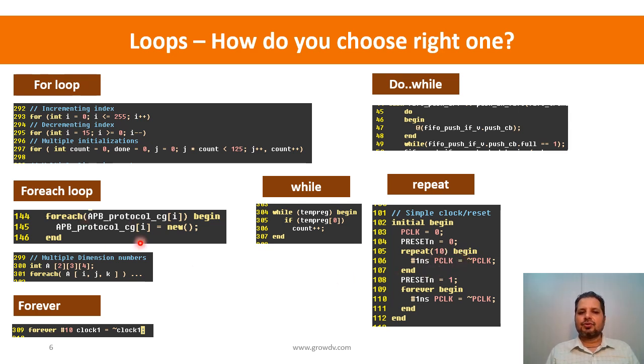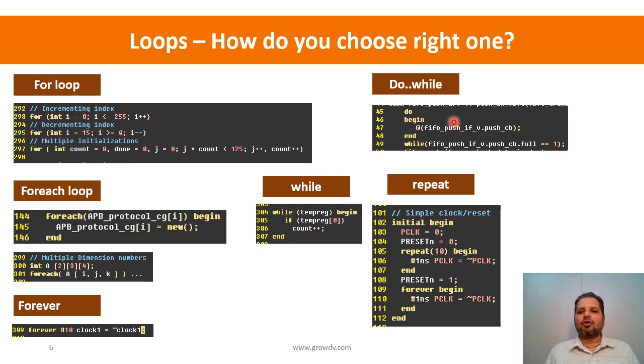For queues and dynamic arrays, especially the one-dimensional ones, which we tend to use very frequently, foreach is very useful. Forever, of course, as we have seen in every active component, we do use forever. And the classic for loop, I think we have seen enough of those. I don't need to tell you.